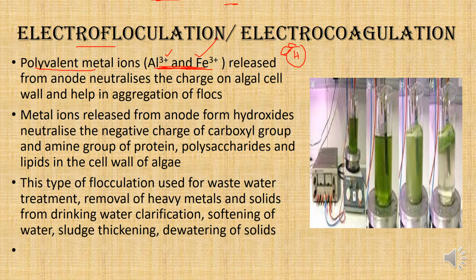As the bubble rises, the algae is also raised as a layer. All the flocks do not settle down, but form a surface layer, and this surface layer can be easily skimmed off. So this is the process of electroflocculation used in the dewatering or thickening of the algal slurry, and it is very efficient among all the types of flocculation.